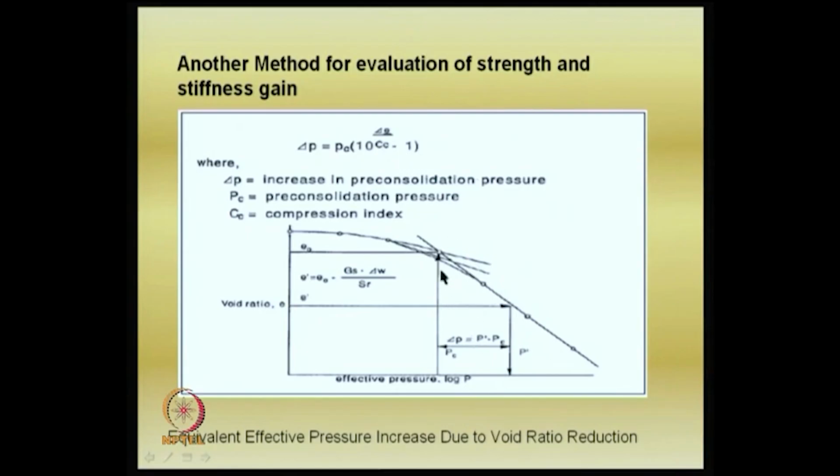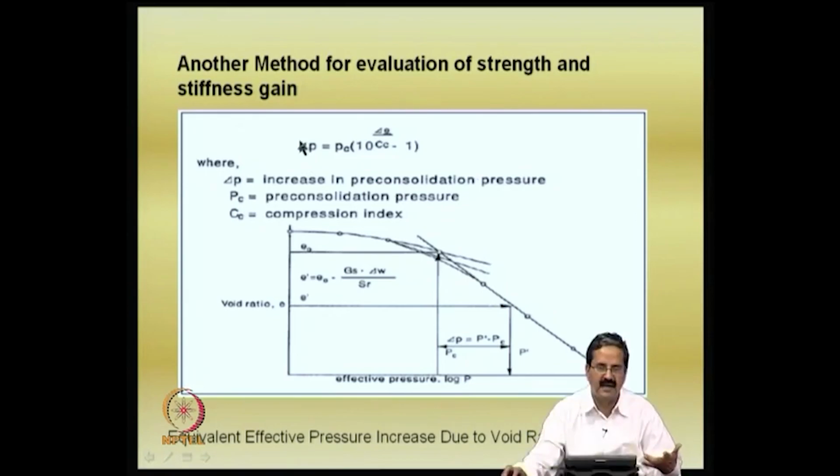You have Cc already from the e-log p curve for the sample, and delta e is already known because of the lime treatment. So, you will get the equivalent pressure. This is an important calculation, because it helps us calculate how much extra load or extra strength gain there is over the preconsolidation pressure. I will show you by an example here.